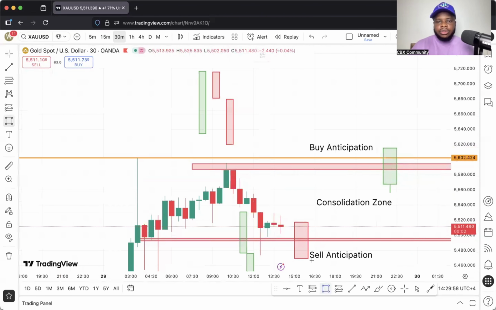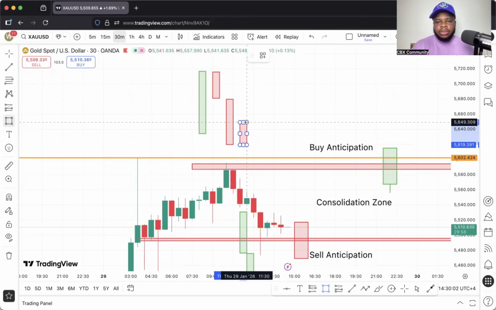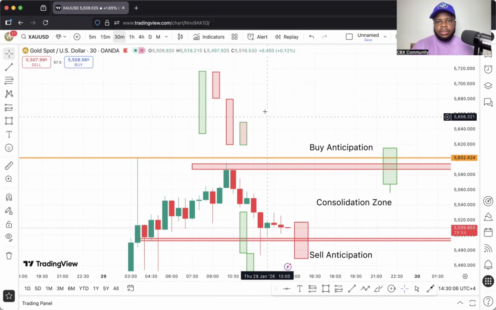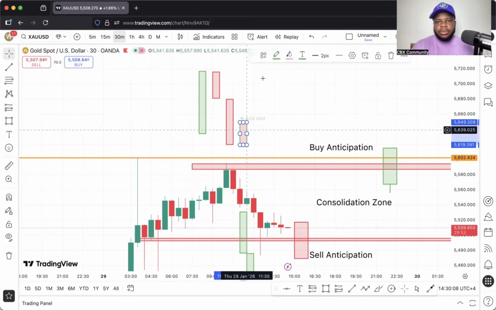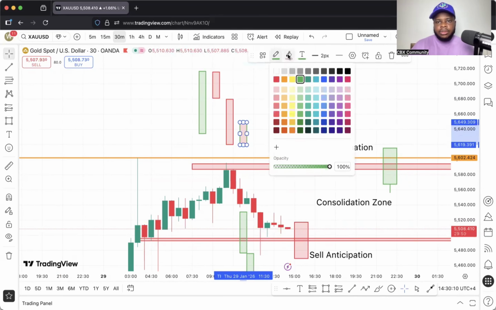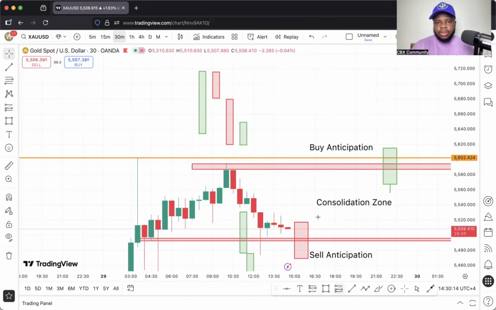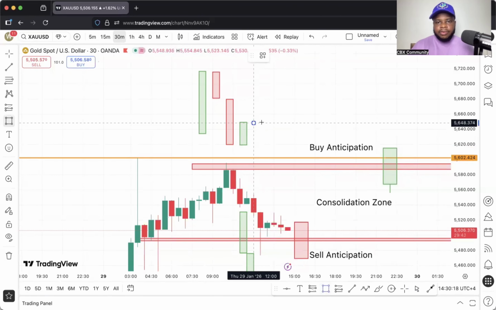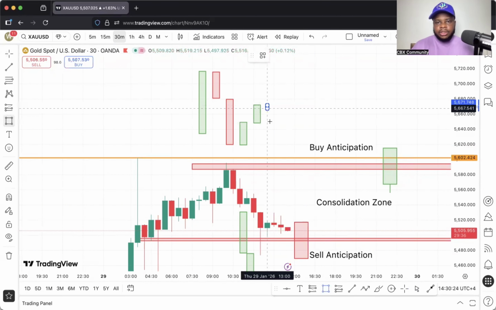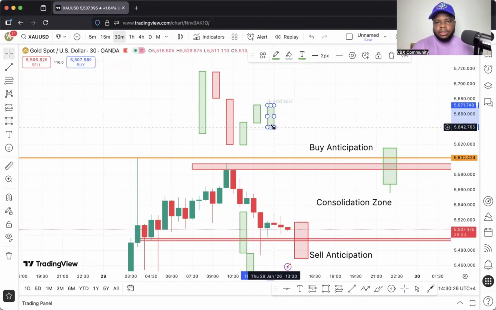Then the next candle chooses to give us a bullish candle like this. Then we have a bullish candle like this, and then we have a bearish candle like this.